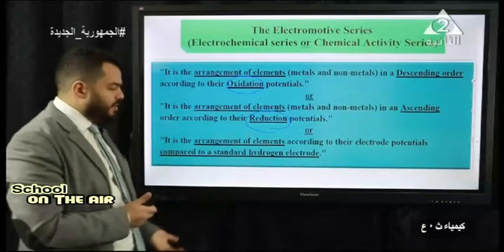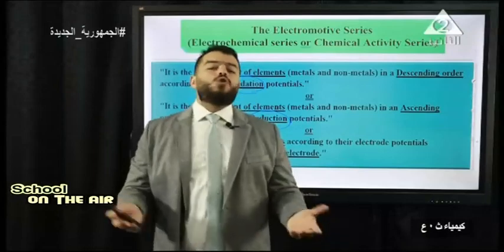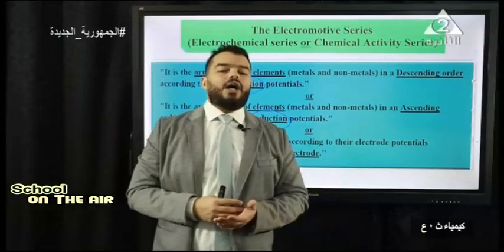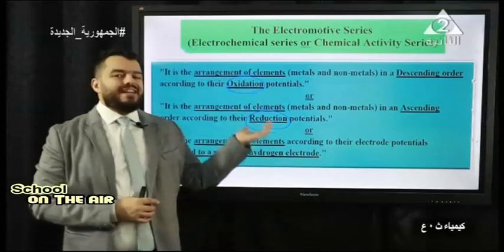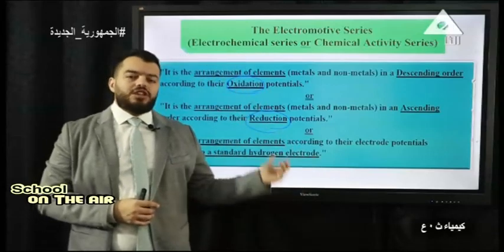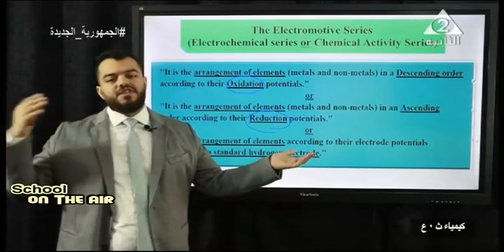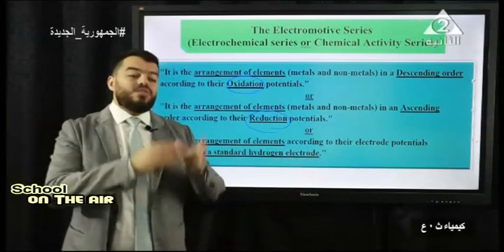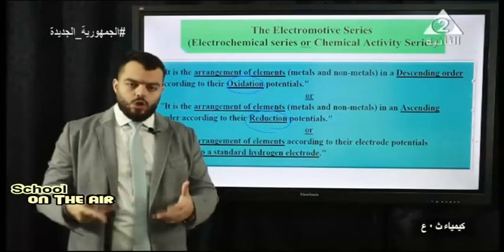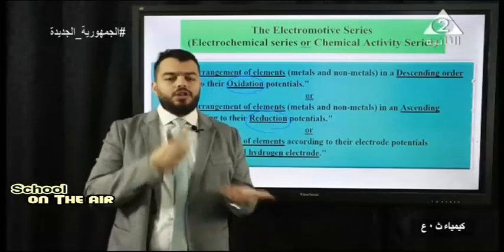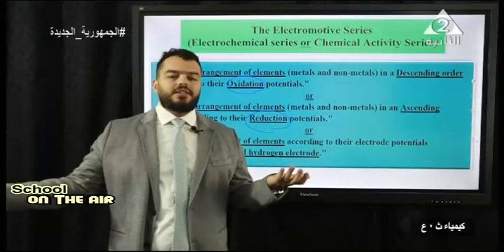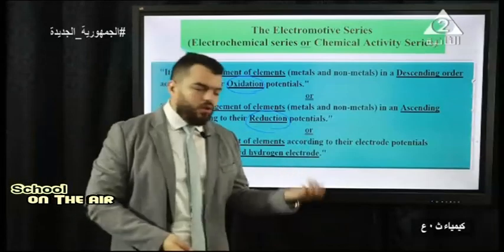Or you can name it the arrangement of elements compared to the standard hydrogen electrode. We get all the values of the oxidation potential or the reduction potential by connecting the element to the standard hydrogen electrode. So we can name it the arrangement of any element compared to the standard hydrogen electrode. Okay.